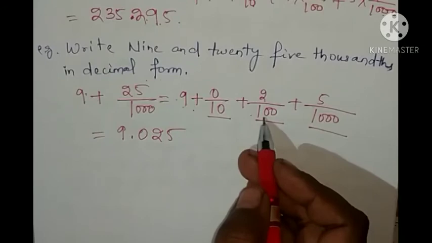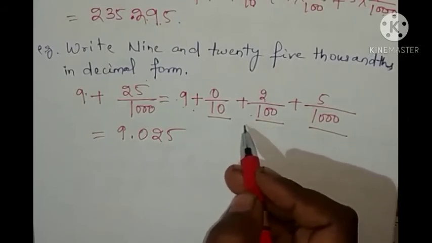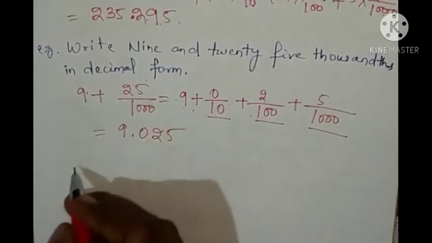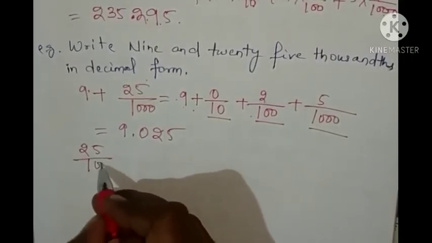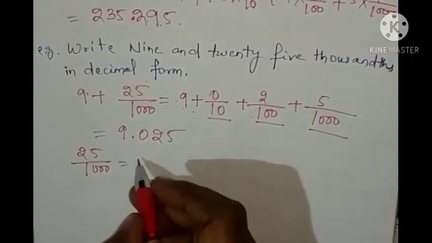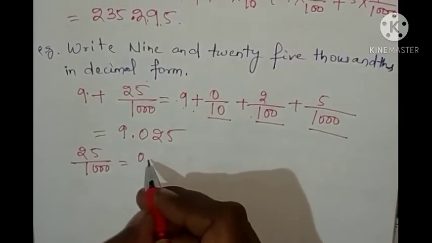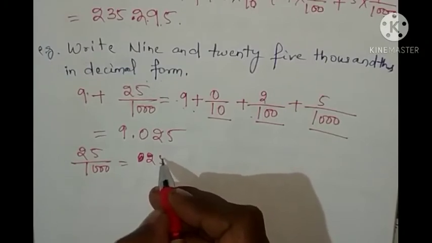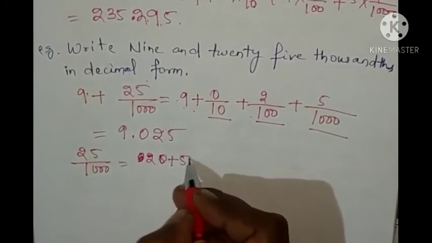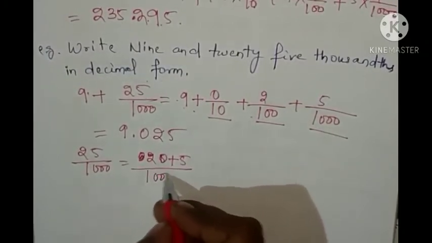Okay, like this you can write in decimal form. So look at here how we have converted 25 by 1000. 25 by 1000, what you can write means 20 plus 5 by 1000.